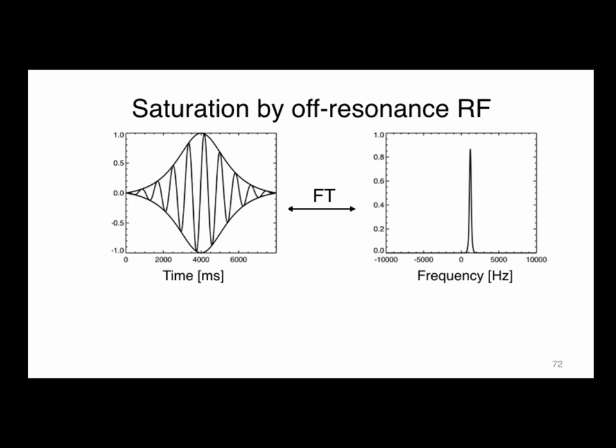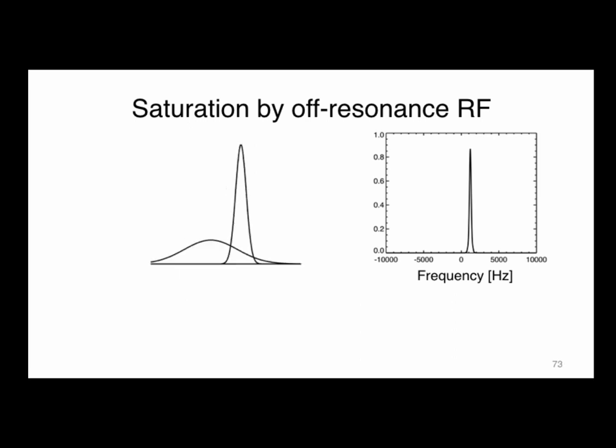So if you take a long pulse with an off-resonance frequency, it doesn't have any energy on resonance, so it does not saturate the water. But because the spectrum of the macromolecular spins is so broad, with a very short T2, this narrow band excitation can still saturate all the lipids, and if you irradiate long enough, it gives you a complete saturation. So this is what is classically used in the saturation equilibrium MT experiment.